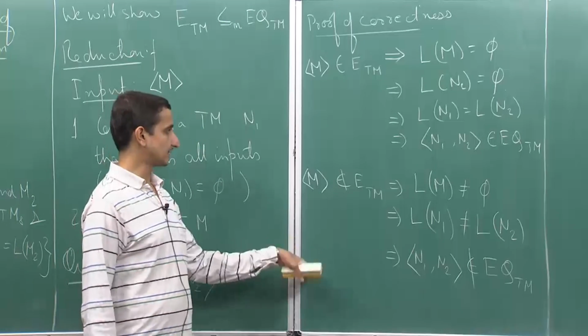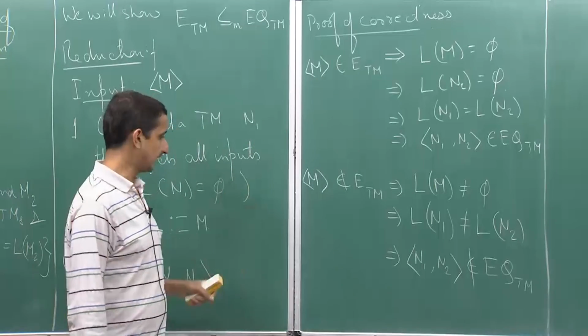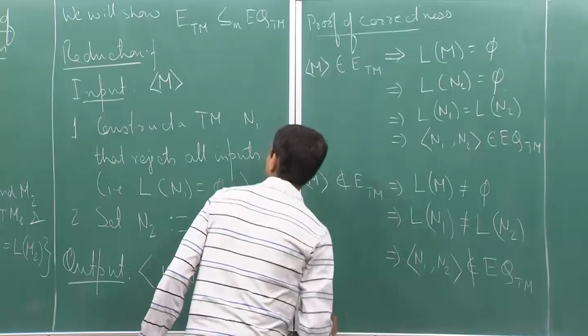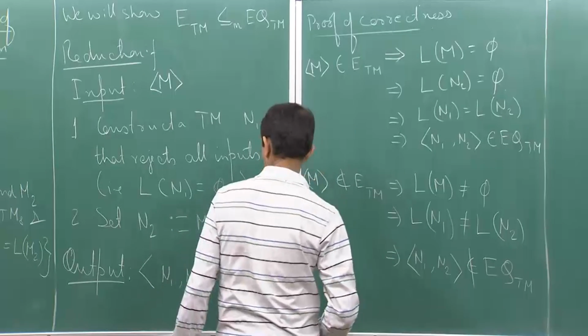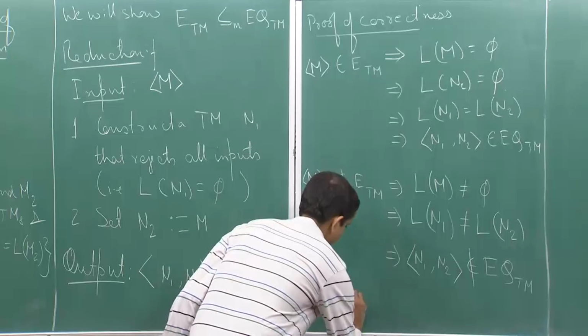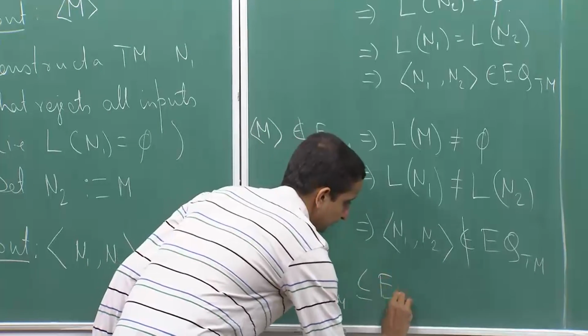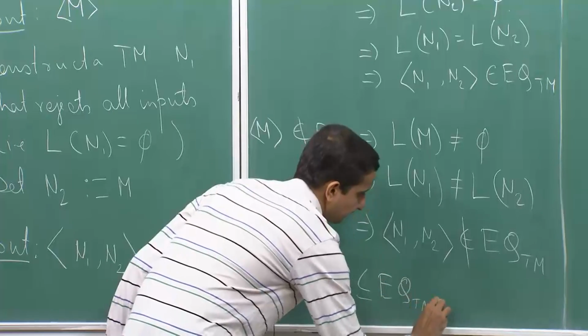So, this completes our proof. Hence, we have that ETM reduces to EQTM.